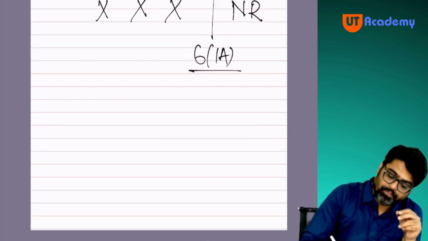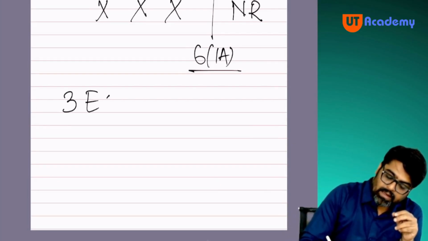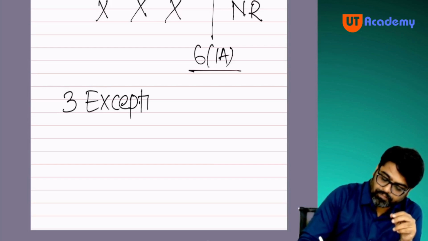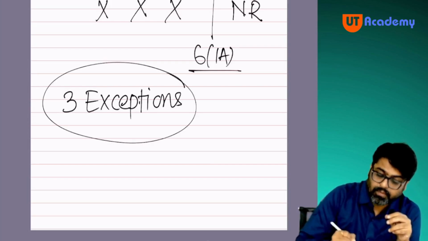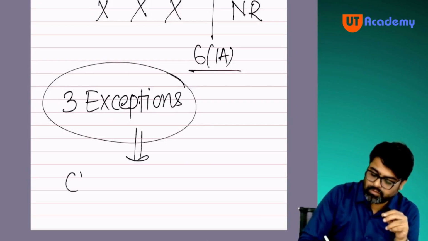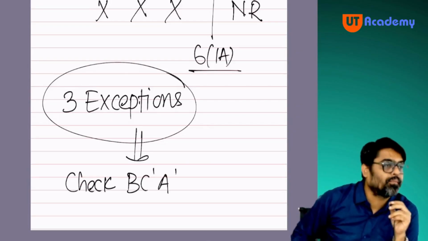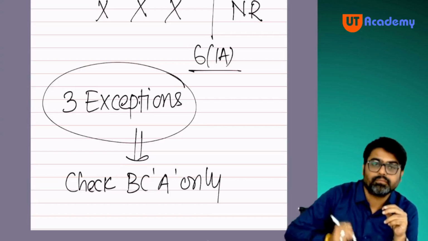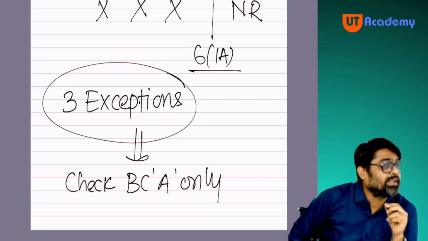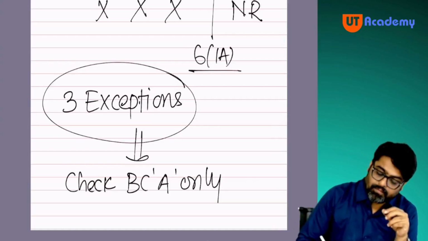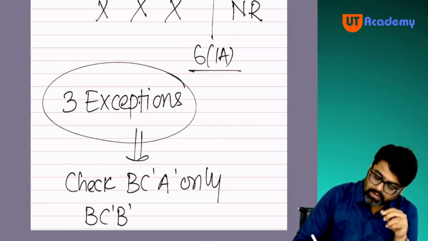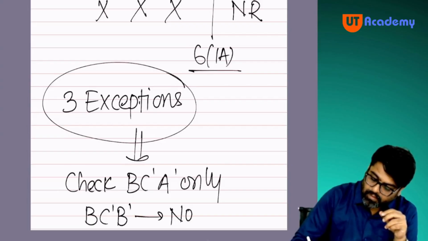Now, tell me one thing. There are 3 exceptions. In these 3 exceptions, check basic condition A only, meaning basic condition B is not applicable.